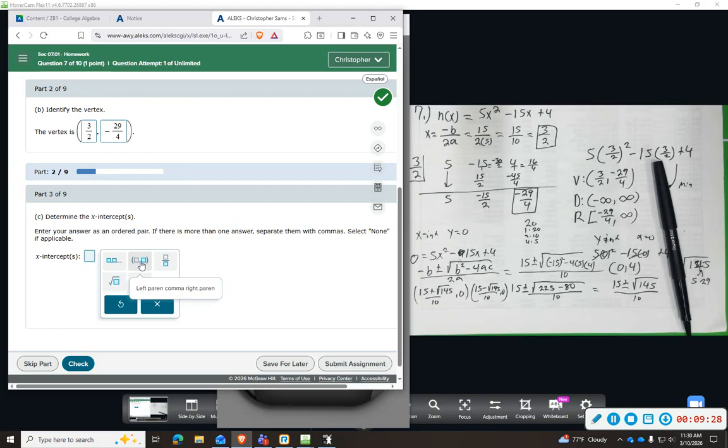X-intercepts. They won't let me do a plus or minus.